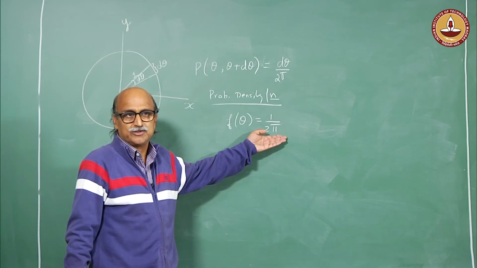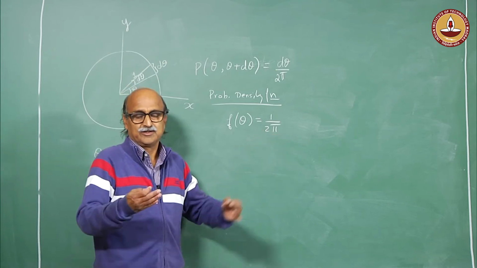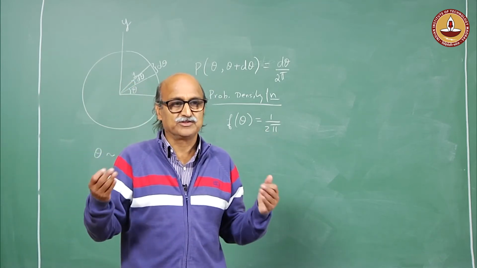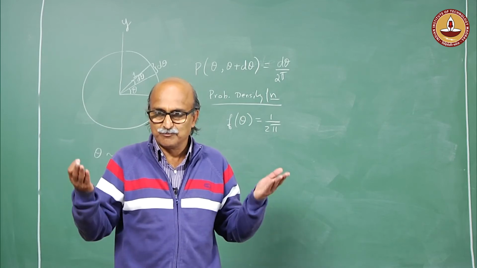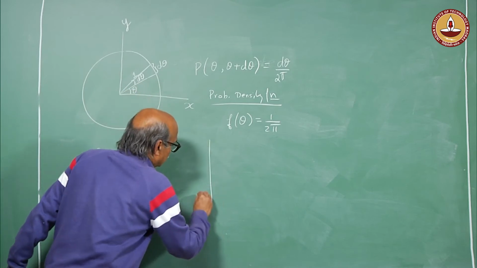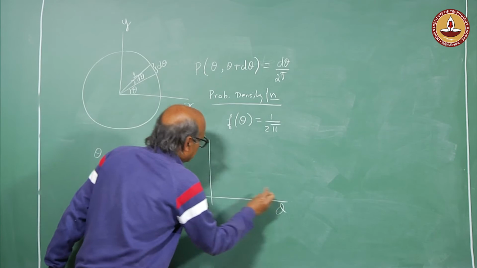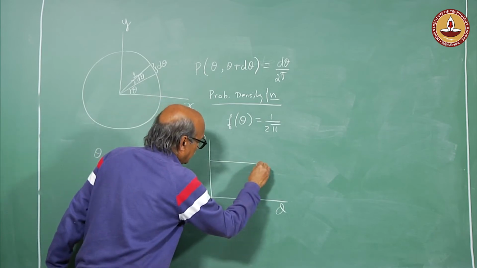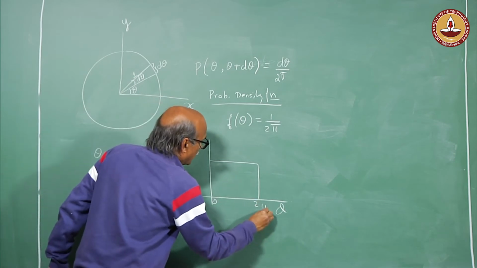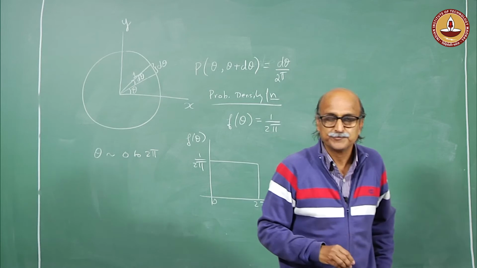What kind of a probability distribution is this, where the density function is a constant? It is a uniform probability distribution. So, if I were to look at the density function, this is 0, this is 2 pi and this is 1 upon 2 pi.